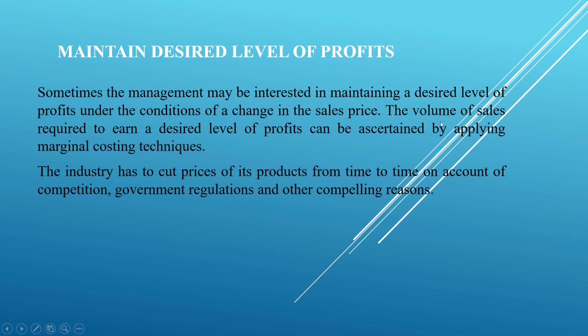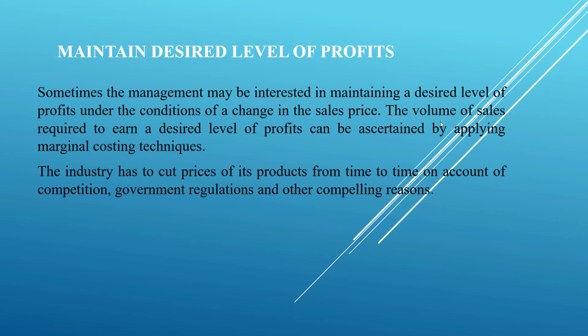The volume of sales required to earn a desired level of profits can be ascertained by applying the marginal costing technique. And again, here also marginal costing techniques will be used. So marginal costing techniques are all related with your cost volume profit analysis, CVP analysis. That is your contribution, your PV ratio, your BEP, and the margin of safety.